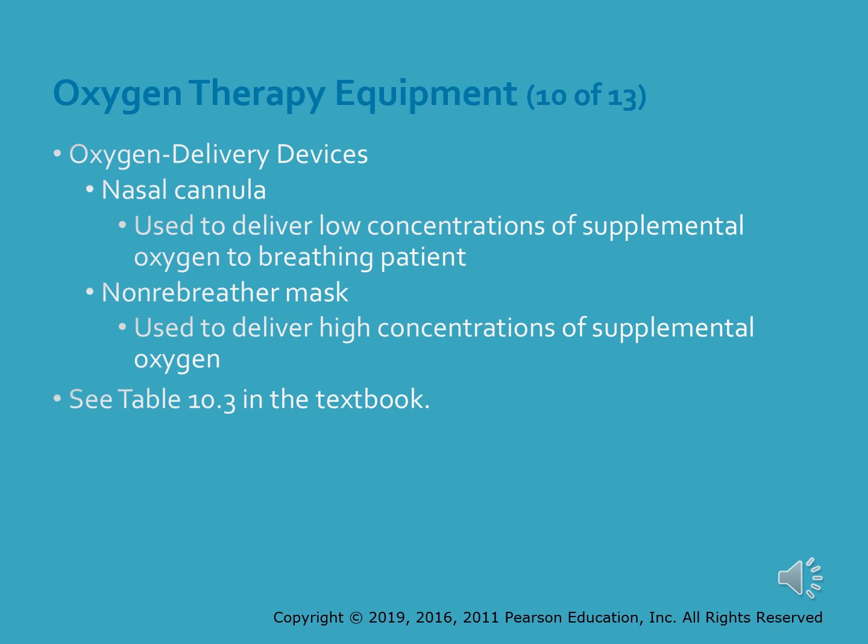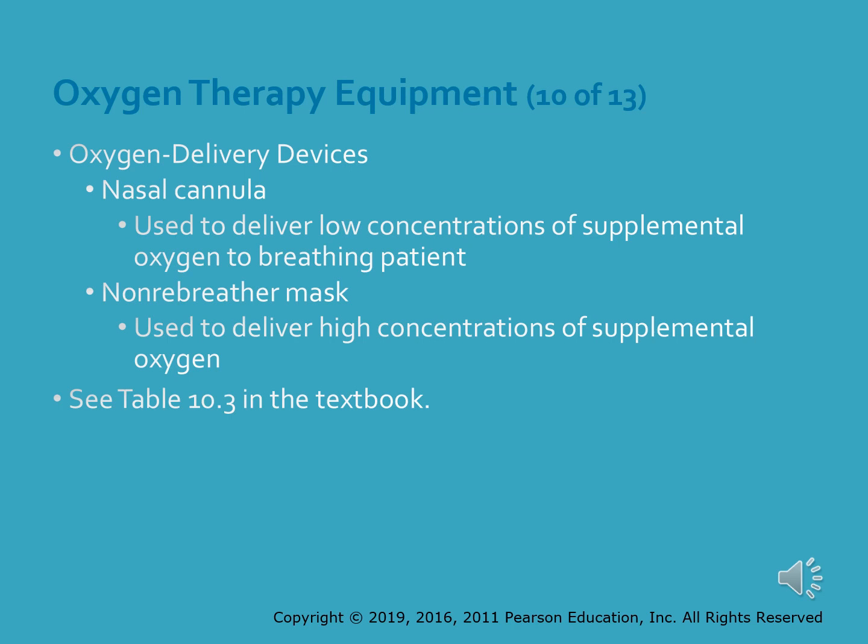The approximate relationship of oxygen concentration to liters per minute flow is 4% oxygen concentration per liter of flow. So that means for every 1 liter per minute increase in oxygen flow, you deliver an approximate 4% increase in the concentration of oxygen. So for instance, at 1 liter per minute, you are getting 25% concentration.